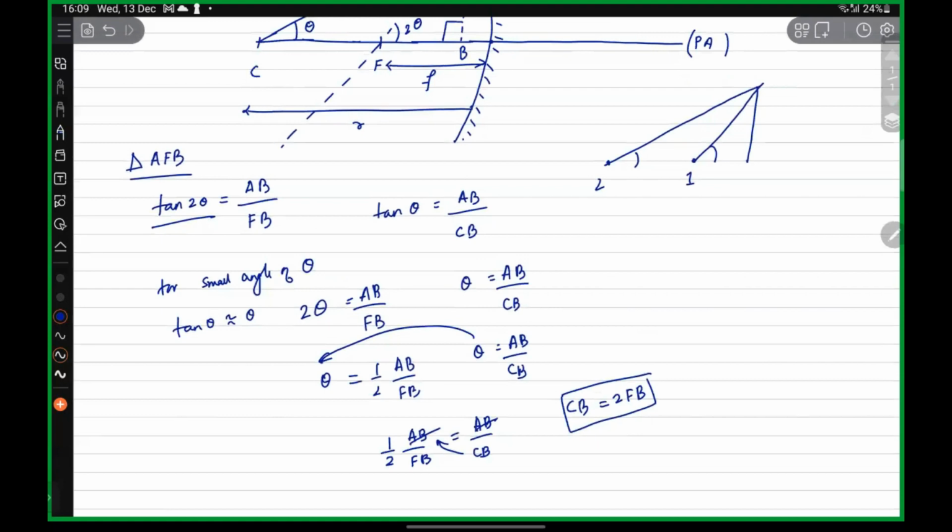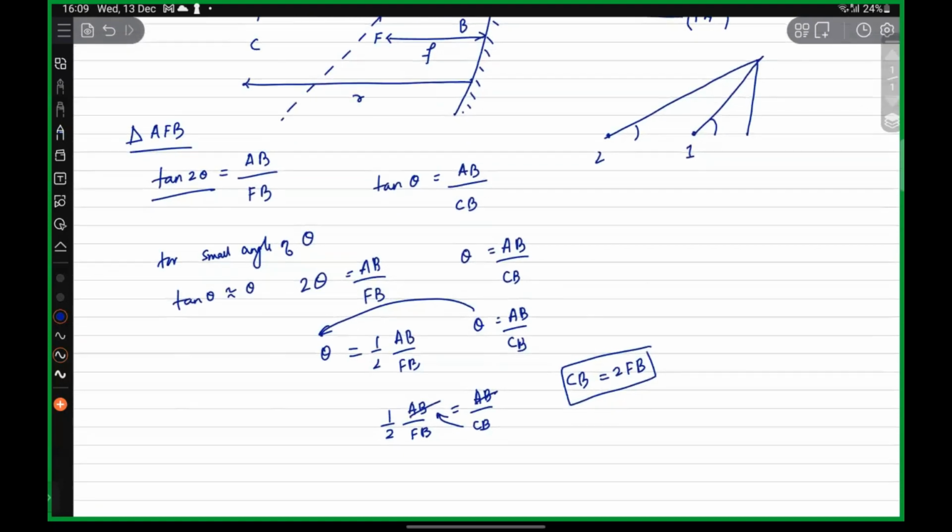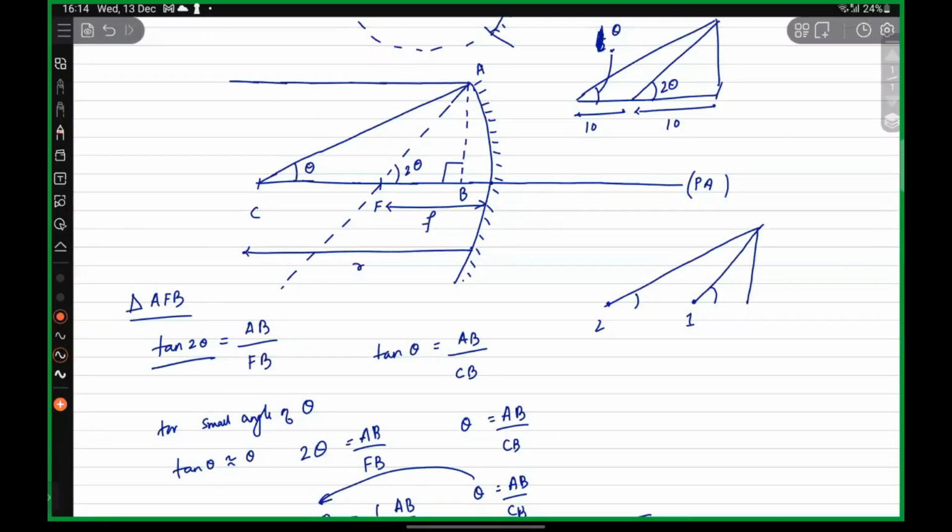From which part? Okay, 1 second. So I took this triangle AFB, where tan 2 theta, which perpendicular is AB, divided by base is FB.